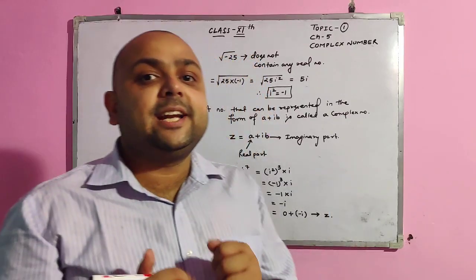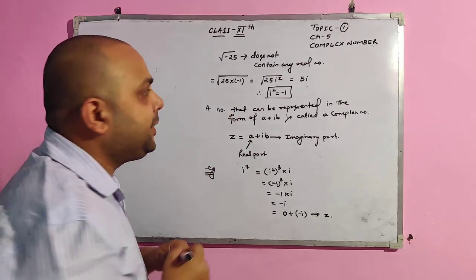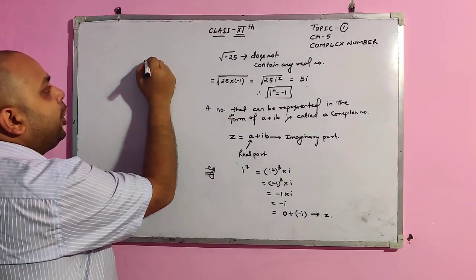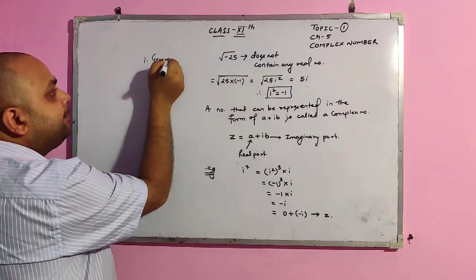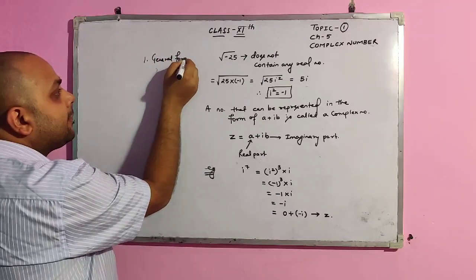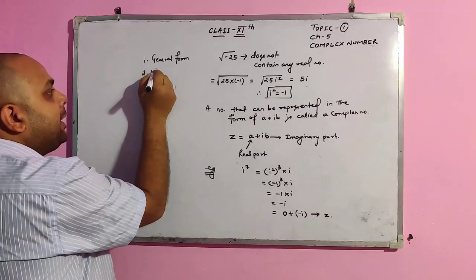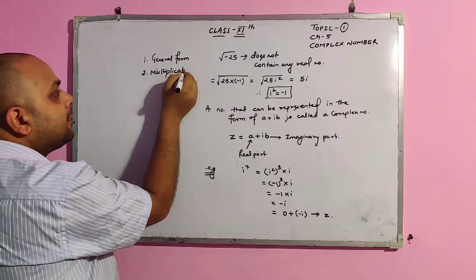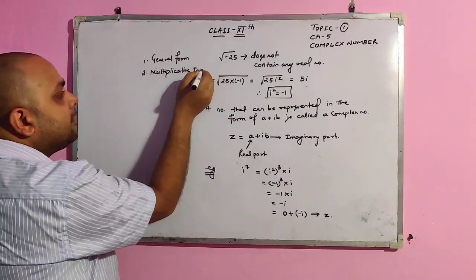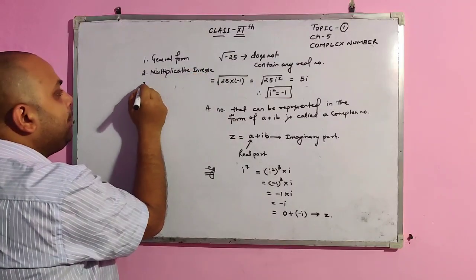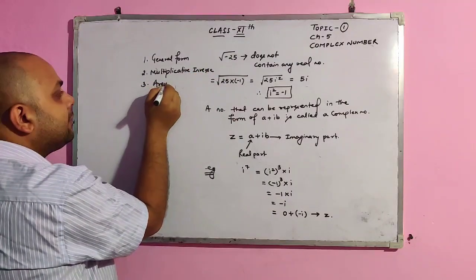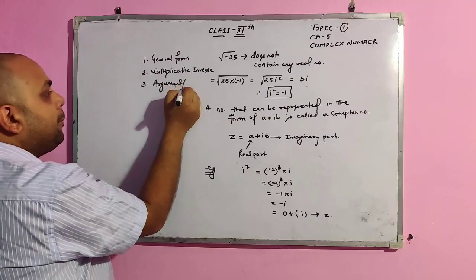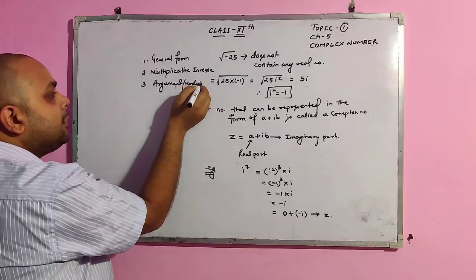Now the topics that we need to discuss in this chapter are, first of all, general form. Second one, multiplicative inverse. Third, argument. Modulus.